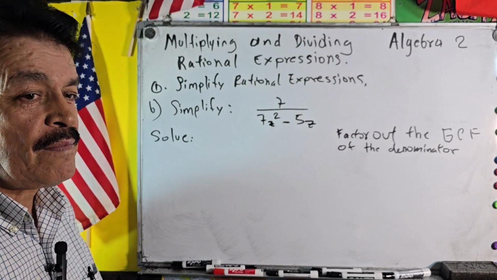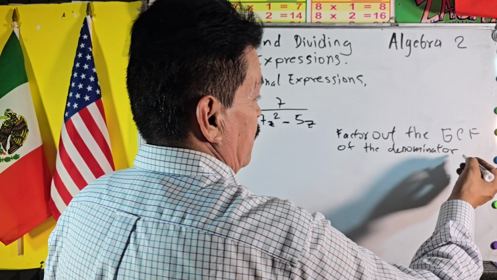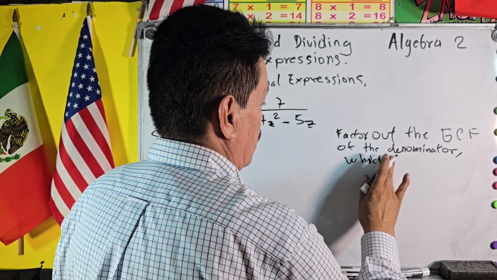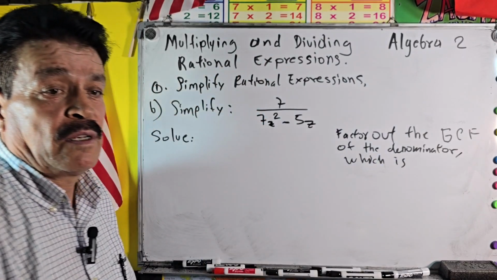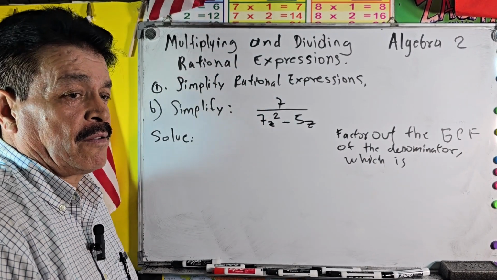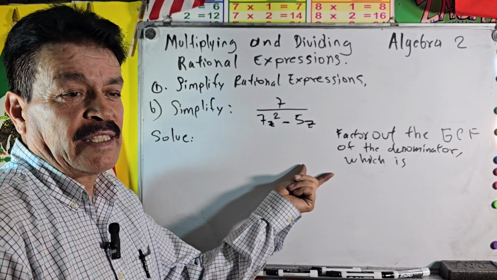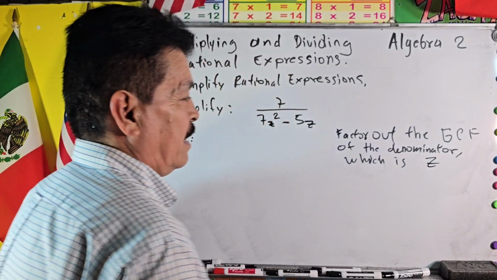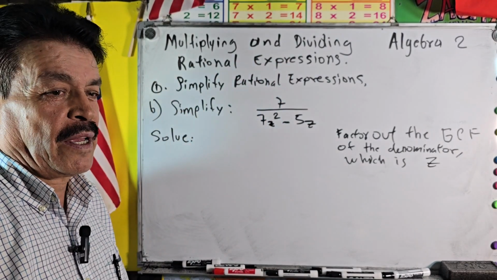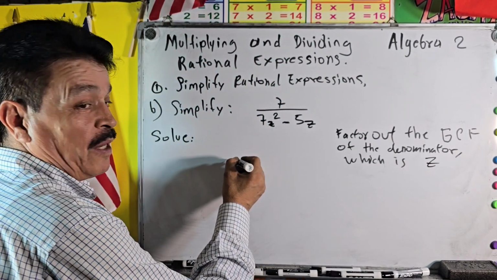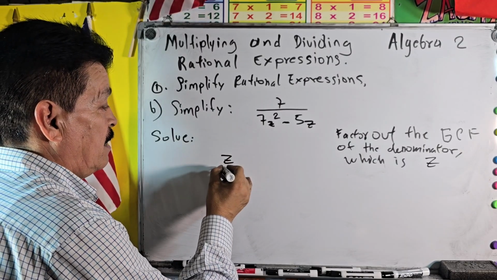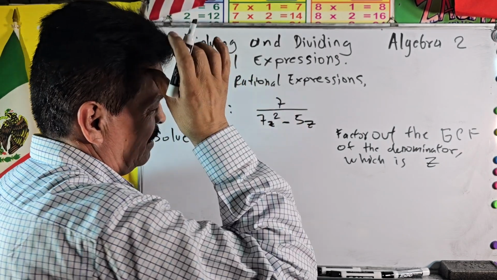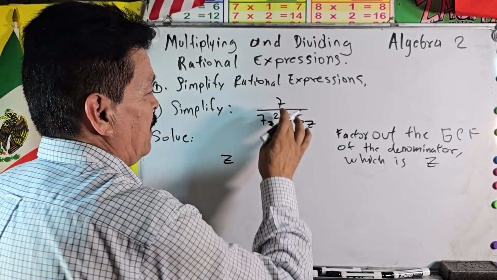Which number is common in the bottom? It is 7, right? If you do that, you will have 7.